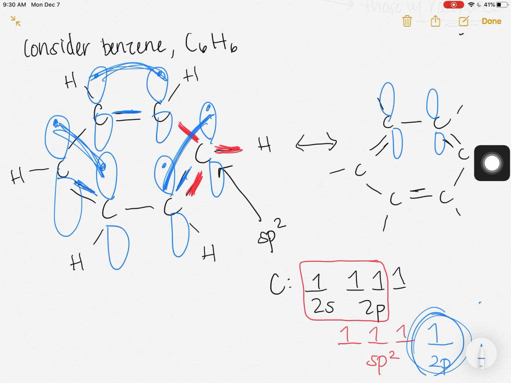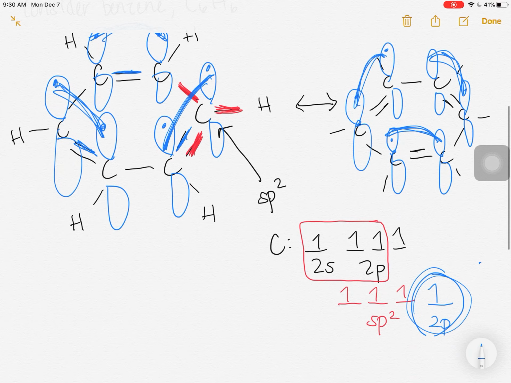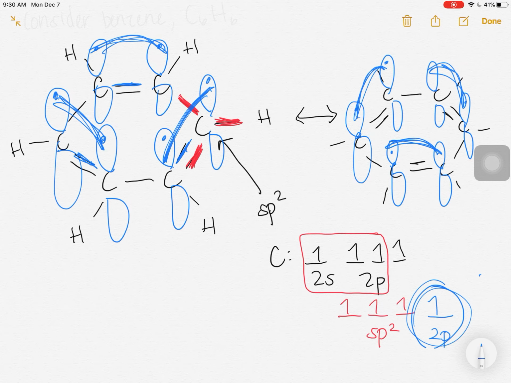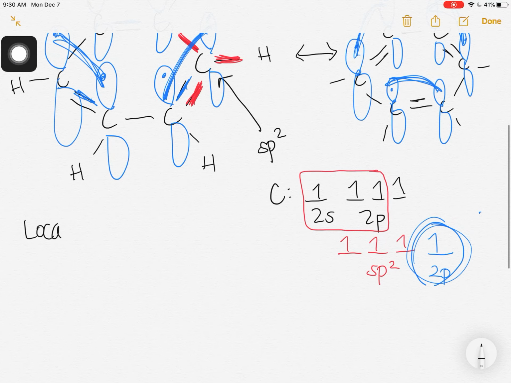But in my second resonance picture, all the carbons also have unhybridized p orbitals with 1 electron, and my double bonds have shifted. So in this case, I'd have my pi bond here, here, and here. We can no longer use the word localized, because sometimes the electrons are shared between these two carbons, and sometimes between these two carbons.